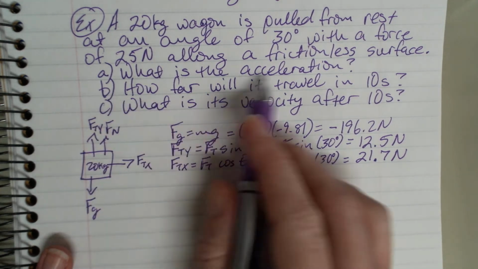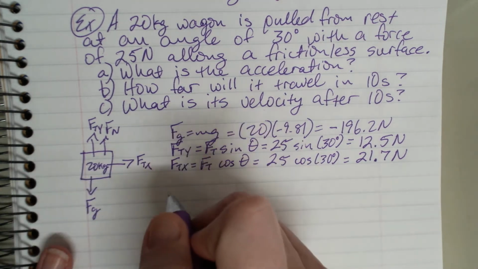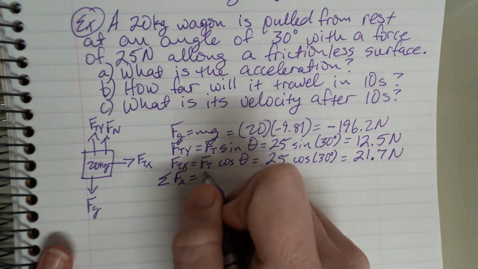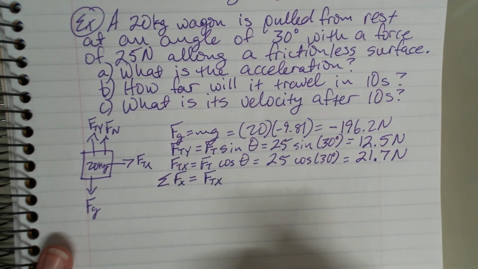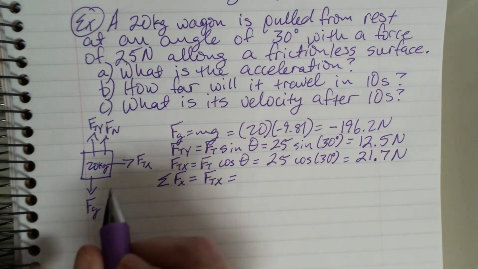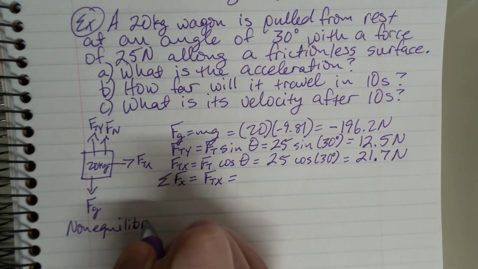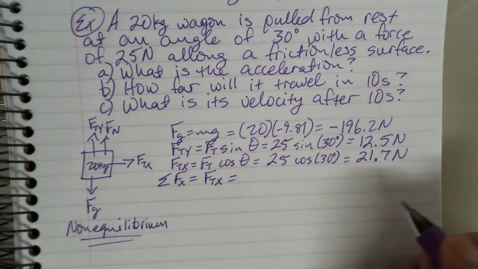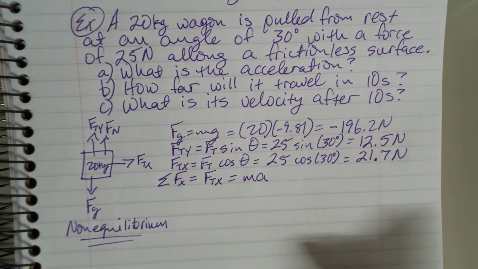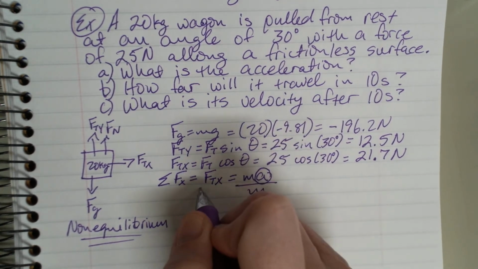So now I can get to acceleration. My acceleration is going to be in the horizontal. So my F-net in the x is equal to FTX, which is not 0 because this is non-equilibrium. It's going to be equal to ma. If I want to find a, I would just divide both sides by m.